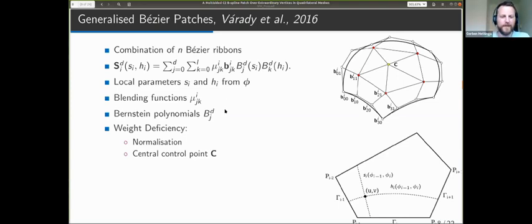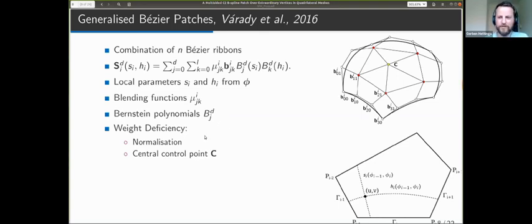And the Bernstein polynomials, Bernstein basis functions, are used to multiply the control points to get a bi-degree surface. There's also another thing: the weight functions of the combination of ribbons do not necessarily sum to 1. So this will give problems.